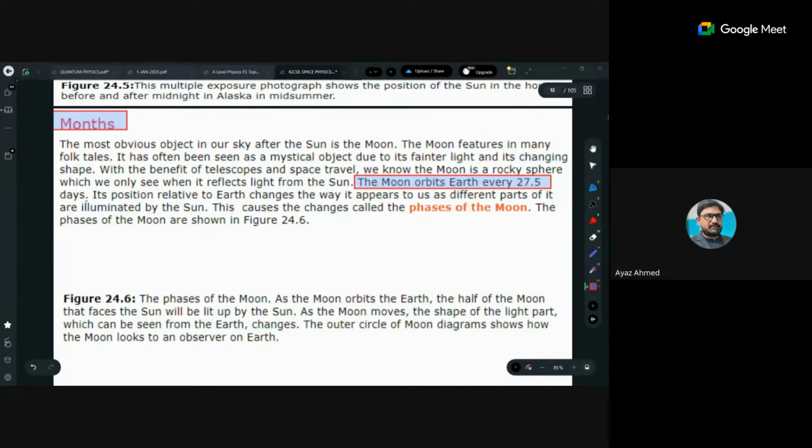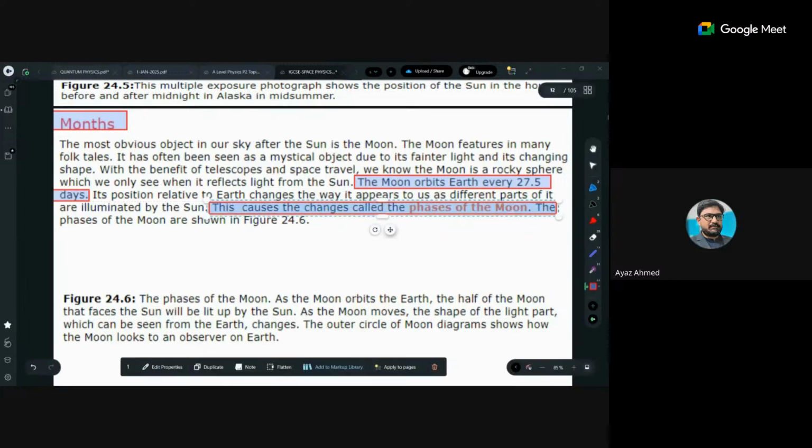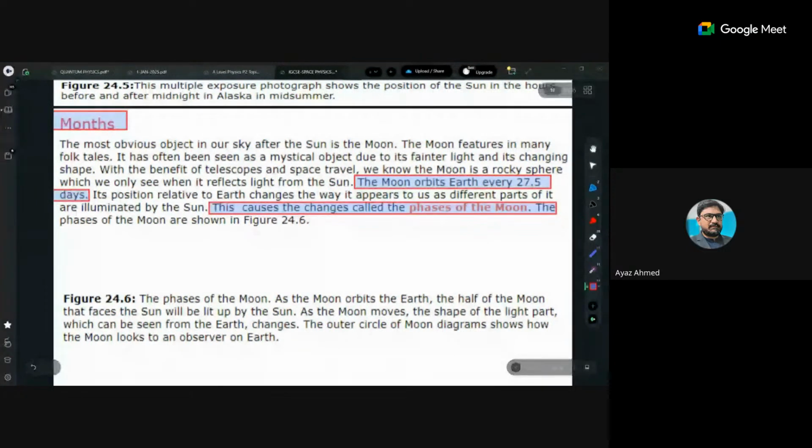Remember this, 27.5 days, and this is asked in your MCQs. And that is what the moon revolves around the earth. And when the moon revolves around the earth, it undergoes some phases of its shape as we see it, that is called shapes or phases of the moon.